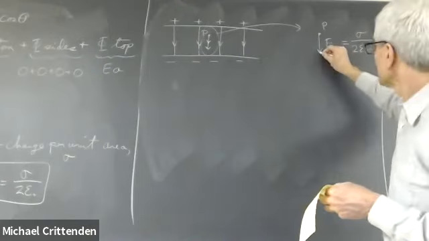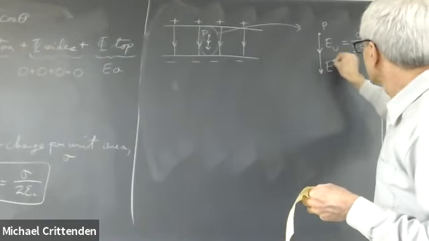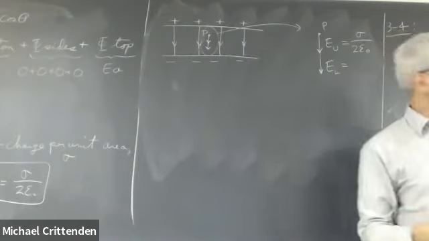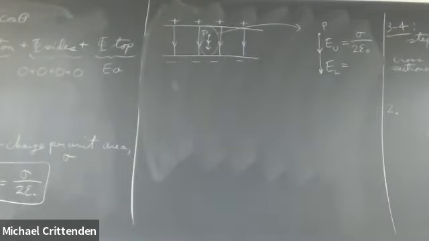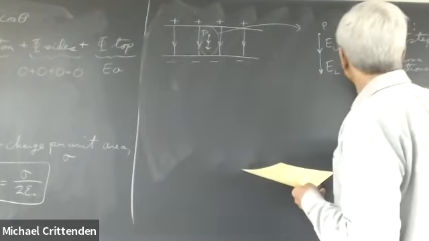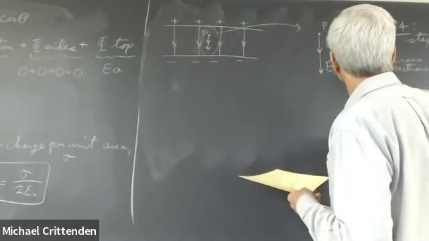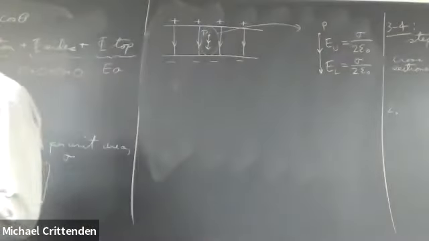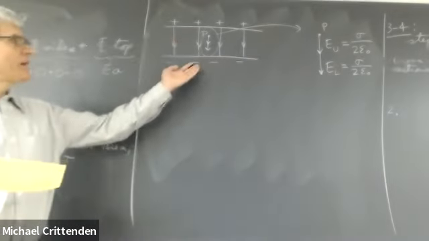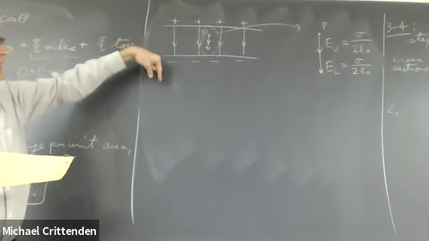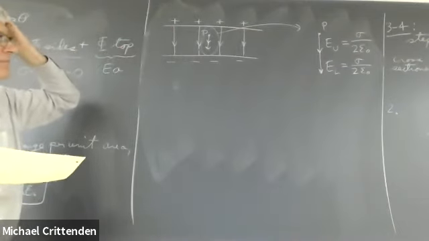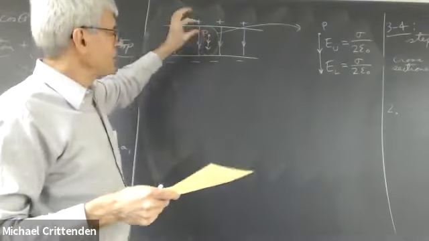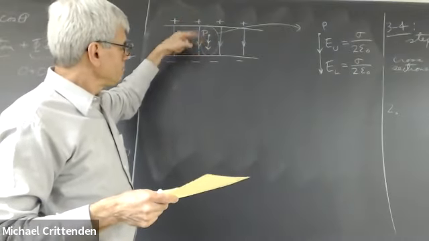U for upper, L for lower. Same formula, because once again, it's the field of an infinite sheet. The only difference, if it's negatively charged, is that the field lines point toward it rather than away. But at any point in between them, those will be parallel.